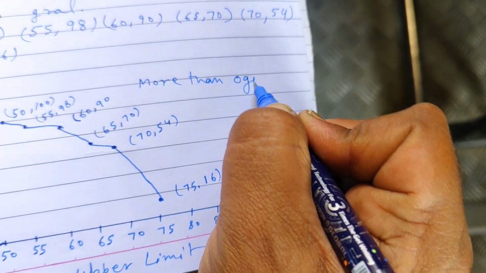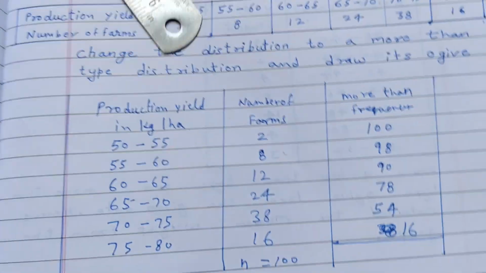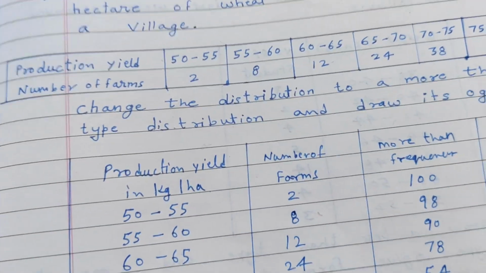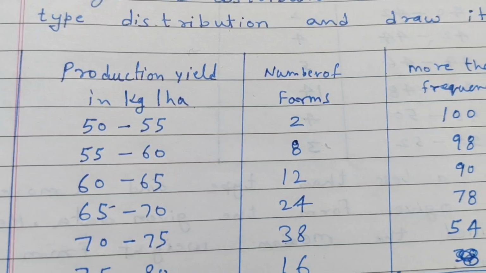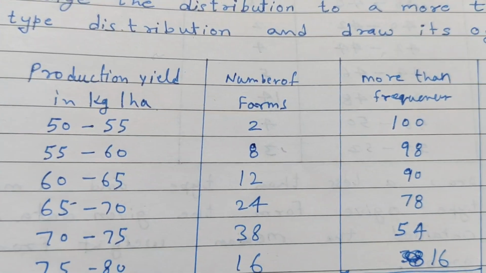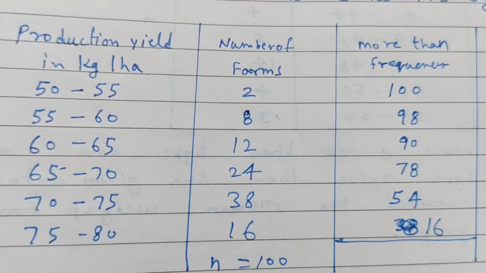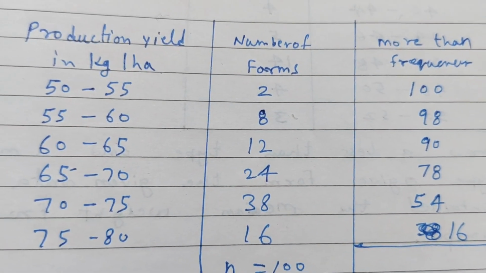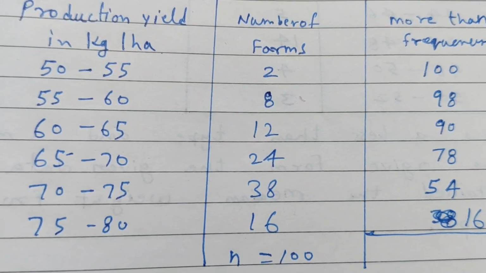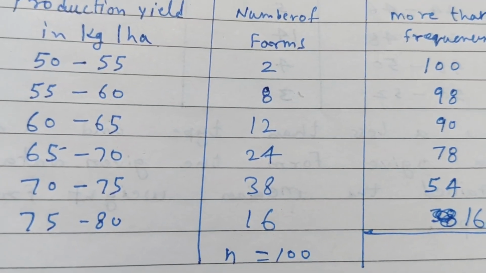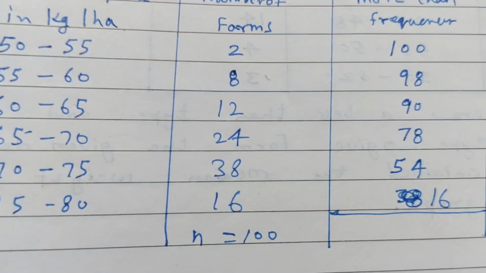Okay, so we repeat this question again. Plot 50 to 55, number of farms 2, and the total frequency is 100. So 100 minus 2 is 98, 98 minus 8 is 90, 90 minus 12 is 78, 78 minus 24 is 54, and 54 minus 38 is 16.